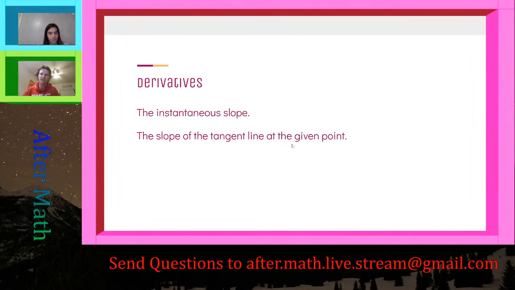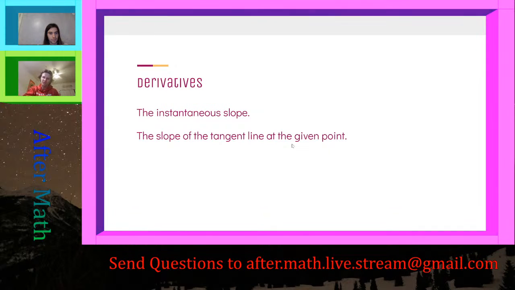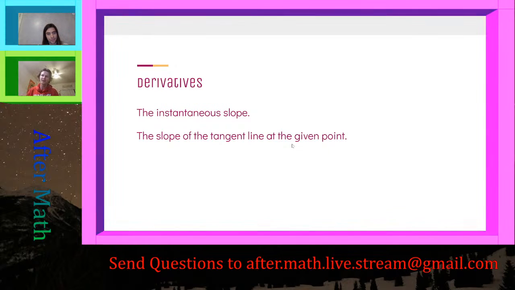That's what the derivative helps us with. It is the slope of the tangent line at the given point. If you have these curves, you just draw a straight line that touches the curve at one single point, and that would be the tangent line at that point. And that is called the derivative. So that's what we're looking for: the slope at certain points on our functions.